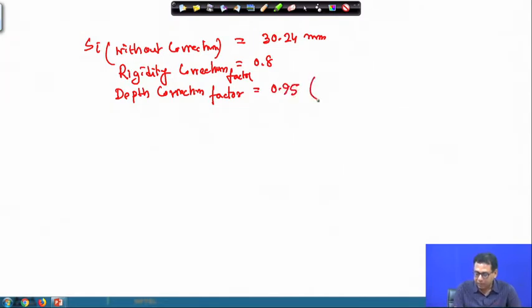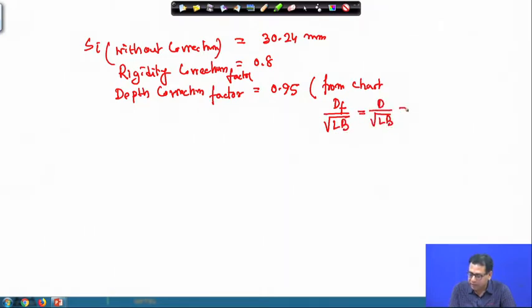So, how am I getting this? This is also from the chart. I have given the chart, the Fox correction chart, and from that chart I am getting this value. There is the need of D by root LB. The D value is 2.5, L is 15 and B is 10, so this is equal to 0.2.